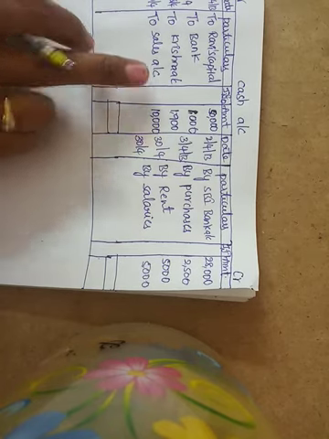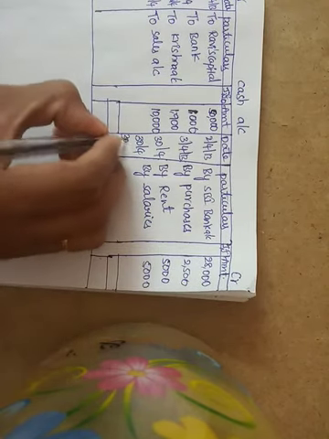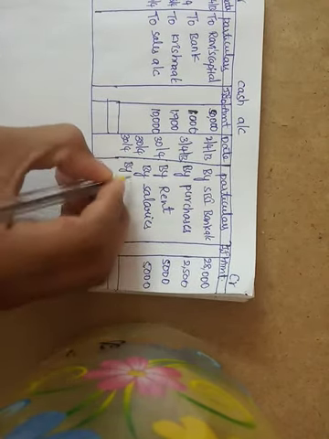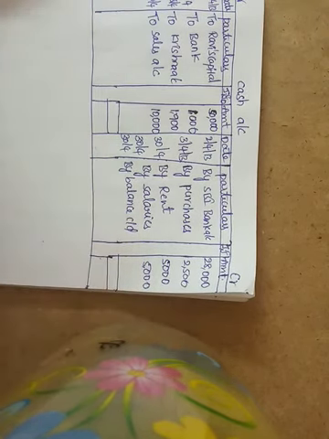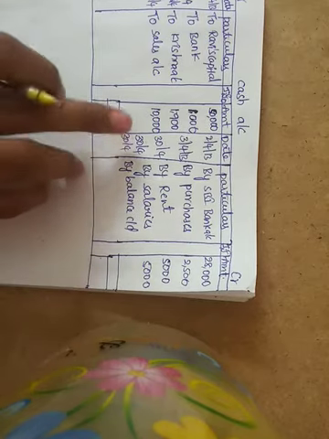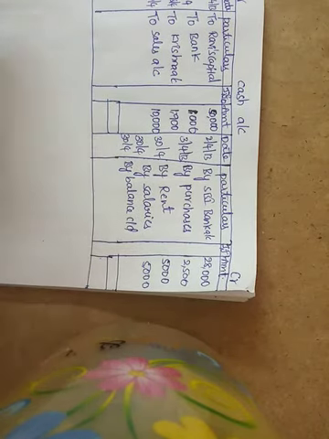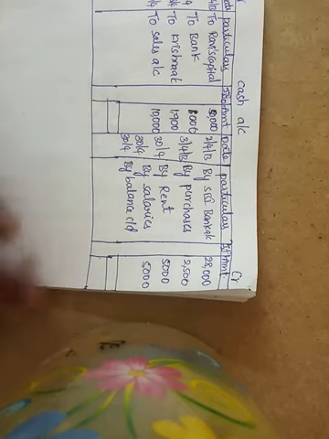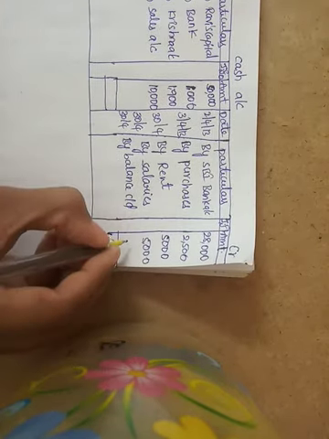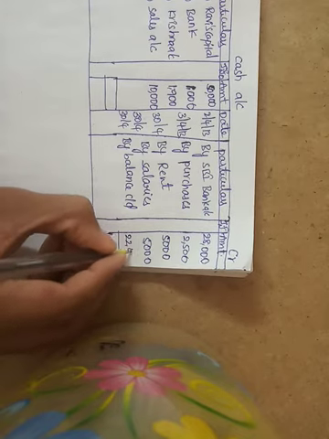Generally the debit side is more, the credit side is less. By writing balance carried down, how much is the balance? Debit total is 62,900, credit total is 40,500. Deducted, the amount we want on the credit side is 22,400.